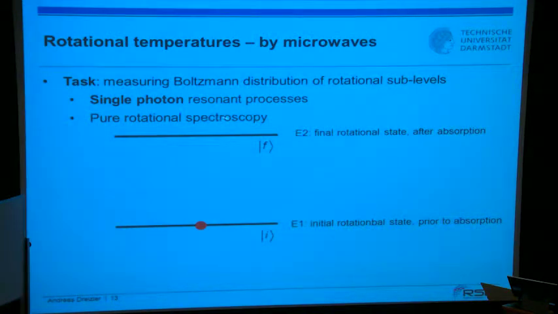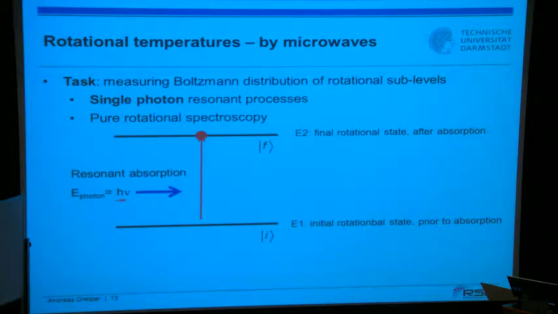And we do that here with a so-called single photon resonant process for the moment, meaning that we do have here light with a certain frequency. You multiply that simply with the Planck's constant, and then you have the energy of a photon, which is viewed as a particle.